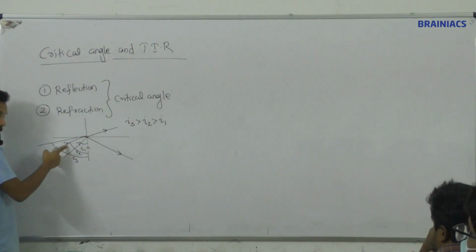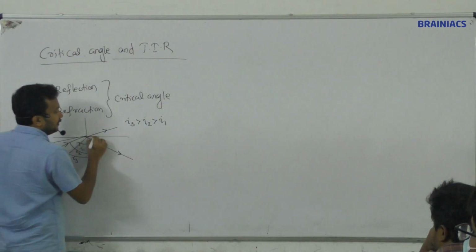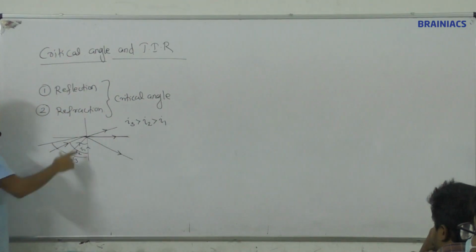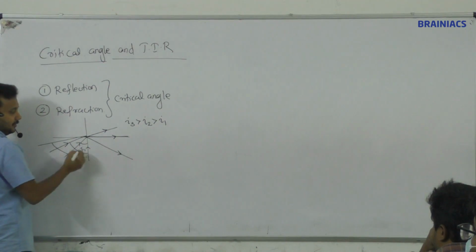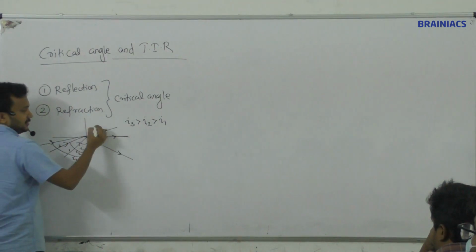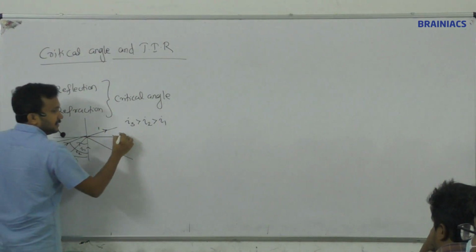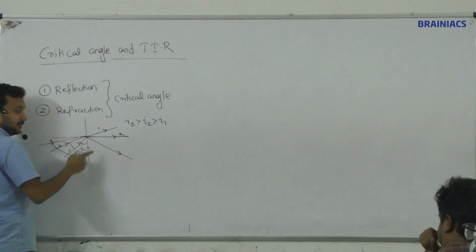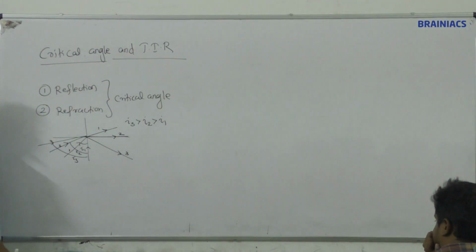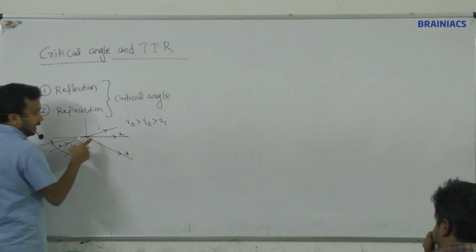If you are giving I2, for example, at the surface, if you further increase, what will happen? This will be getting reflected back. So this is like 1, 2, 3. First case, refraction. Second case, grazing the surface. Third case, if you further increase, reflected back.